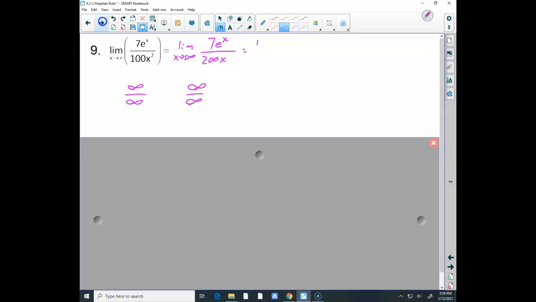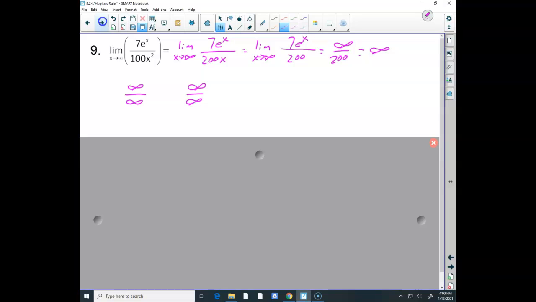And I'm just going to differentiate until I know it's going away. And this is still 7e to the x over 200. Okay, now when I plug this in, this is going to give me infinity over 200. What is really big over constant? Really big over constant. My limit's infinity.